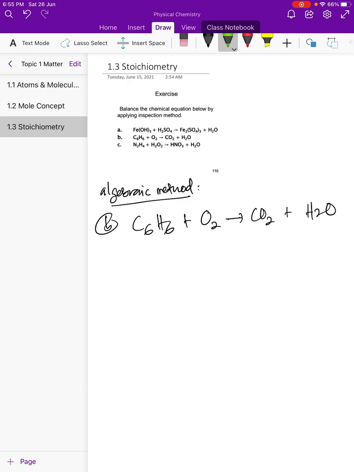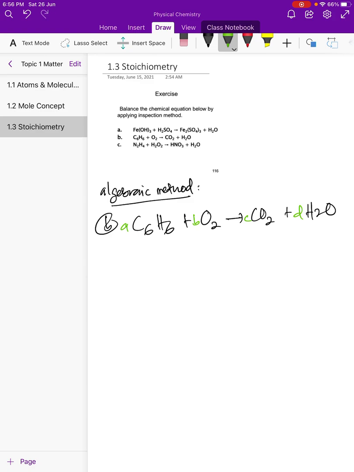Let's say for the first compound C6H6, we use the symbol A, oxygen B, carbon dioxide C, and water D. So we denote each compound with one alphabet, preferably A, B, C, D, or you can use any other alphabets, for example P, Q, R, S. All those examples can be used.